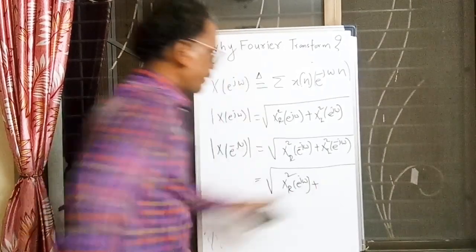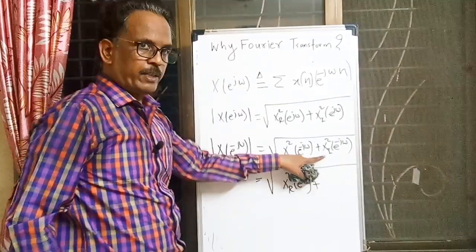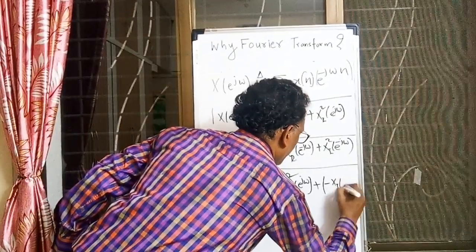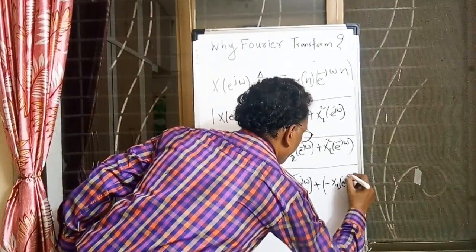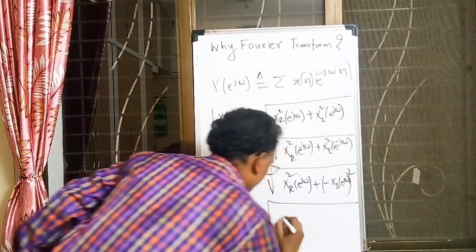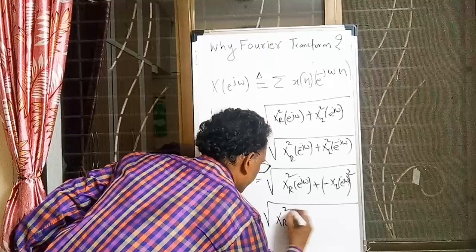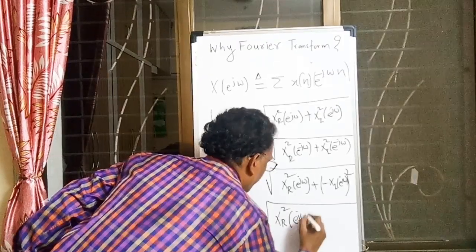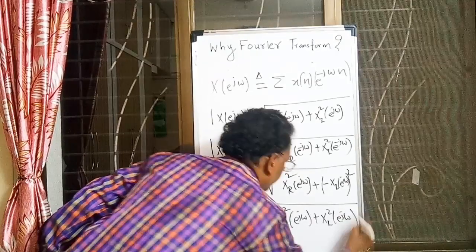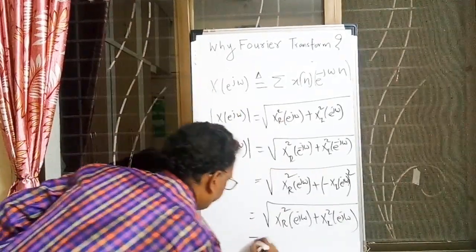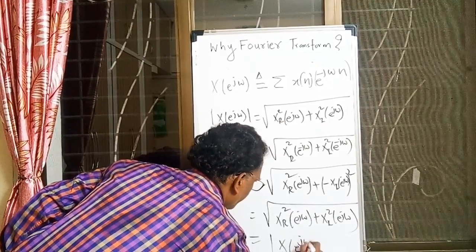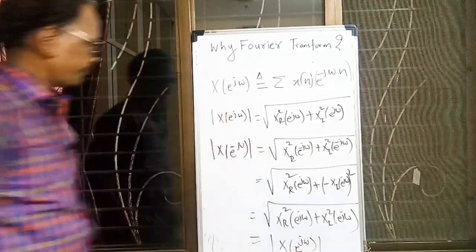But we know that the imaginary part of the Fourier transform is antisymmetric, so it is equal to minus xi e to the power j omega, whole squared. So after simplification we get the square root of xr squared plus xi squared, which is equal to mod of x of e to the power plus j omega.